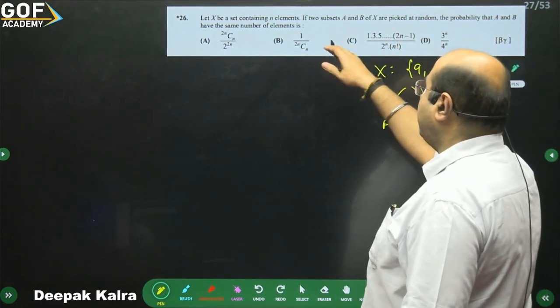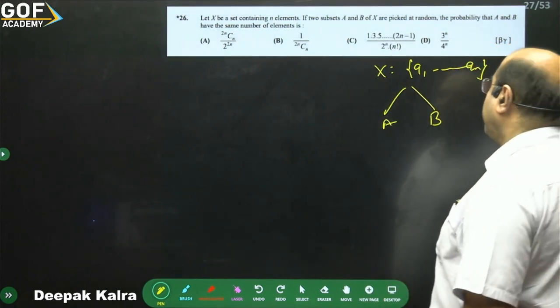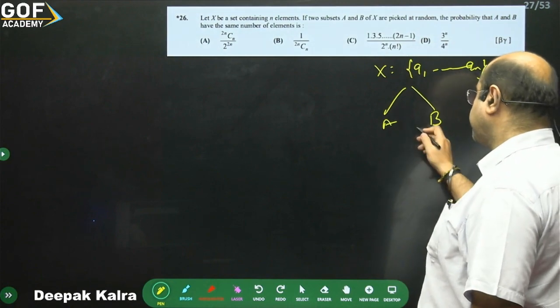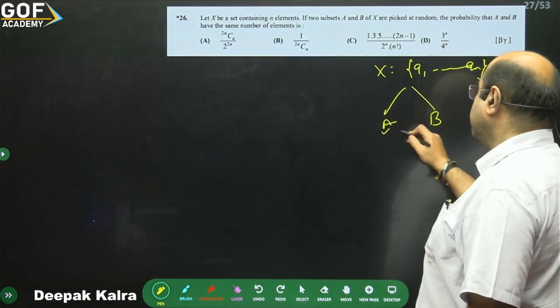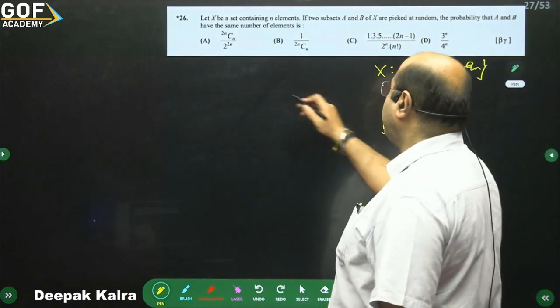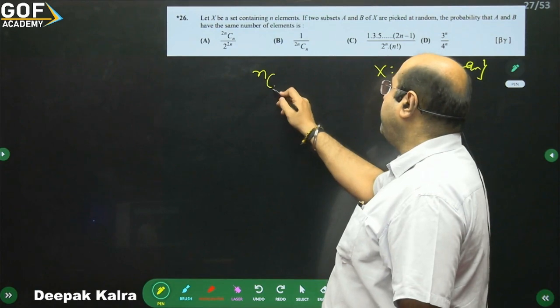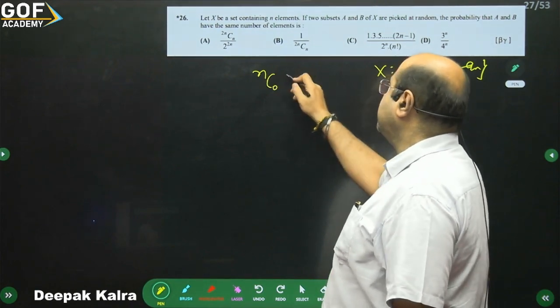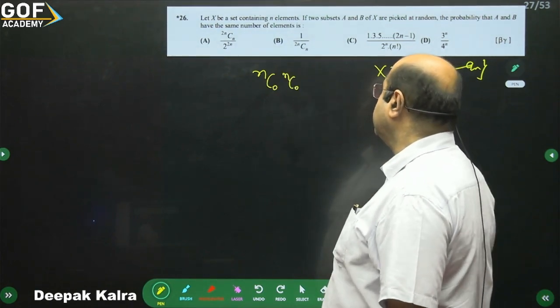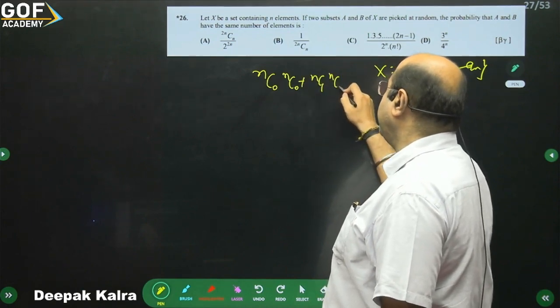A and B have same number of elements. So it means that out of n, if 0 element in B, then 0 element in A. If 1 element in A, 1 element in B.